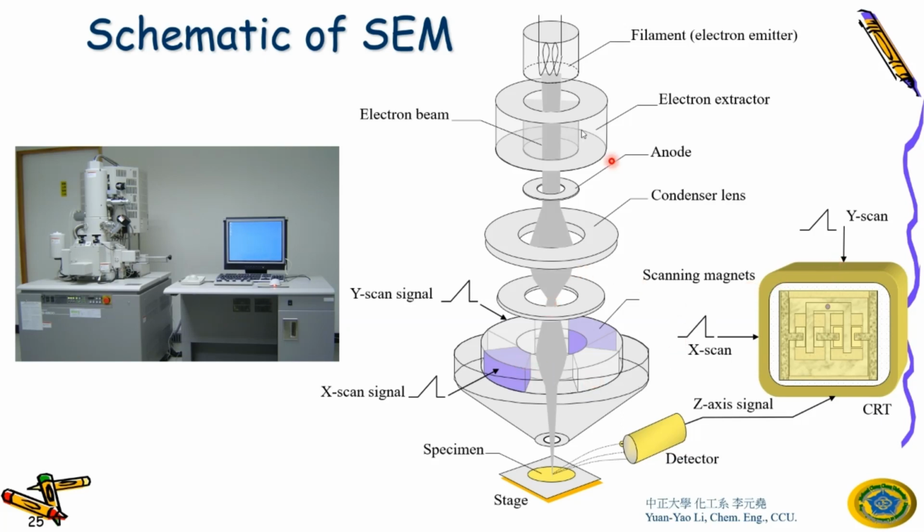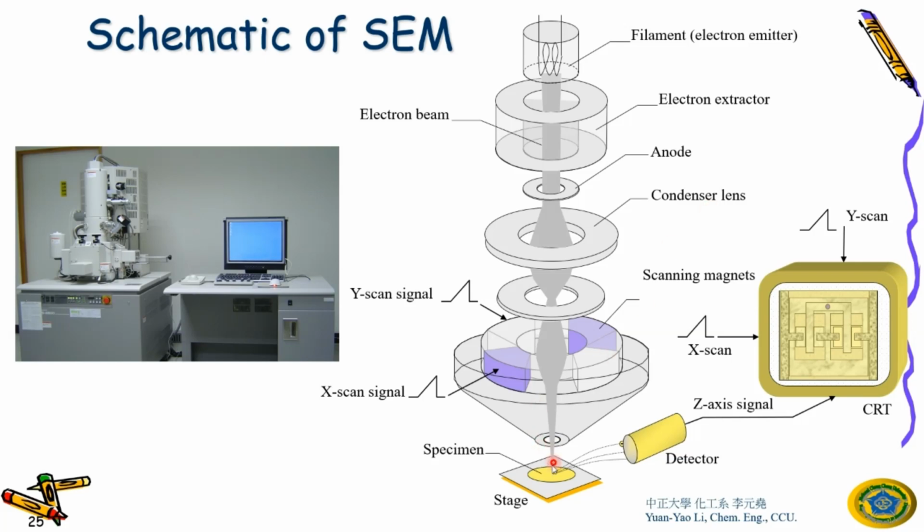What I want to tell you is, if you want to change the direction of the electron beam, you use a magnet. If you want to change the speed of the electron beam, you use voltage, increasing or decreasing it. So you increase the speed, decrease the speed, and change the direction.